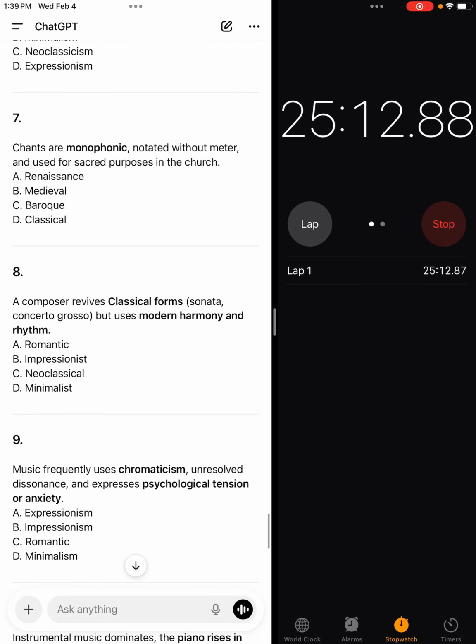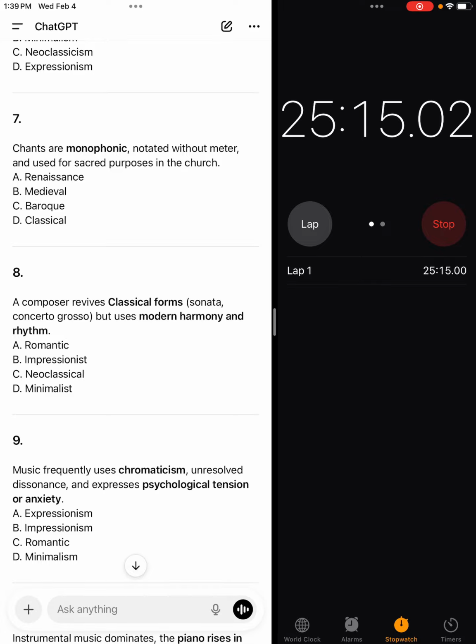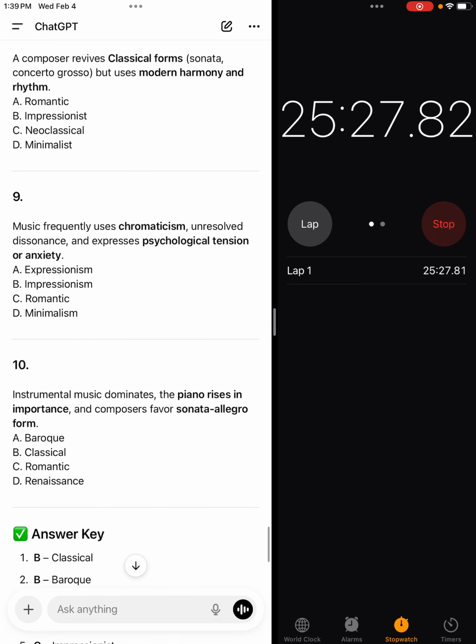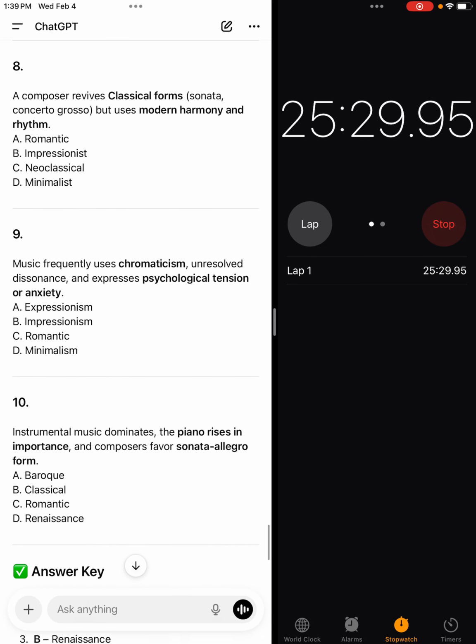Minimalism? Chant modified notation for sacred purposes in the church. Okay. Medieval. And I'm thinking I'm going to stop right here.